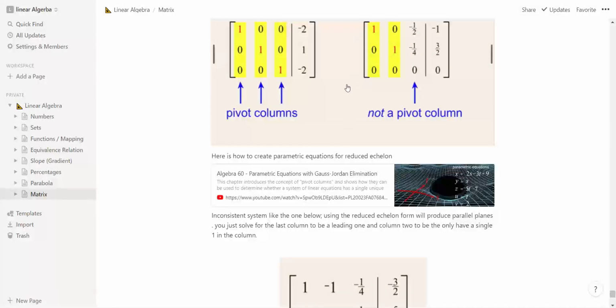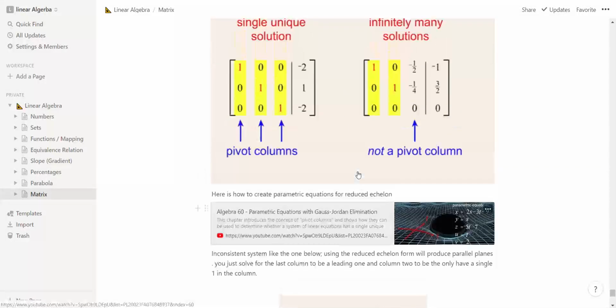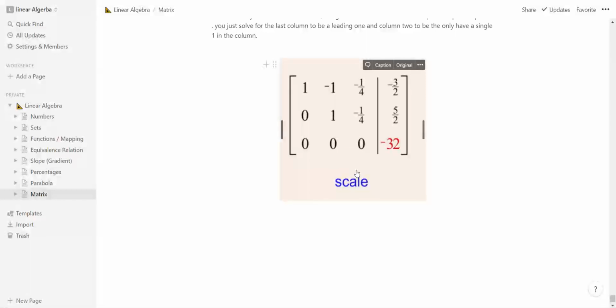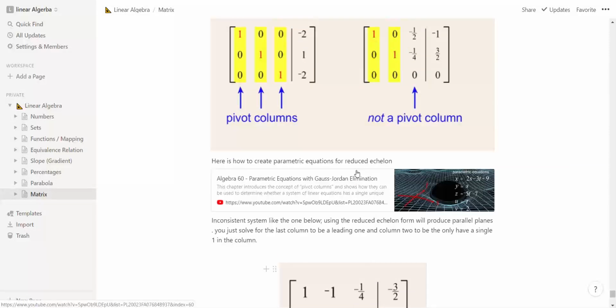Hello everyone. So in the last video we looked at Gauss Jordan elimination and how it could change solutions, not the solution set, but it's more like it changes the geometry of the matrix.